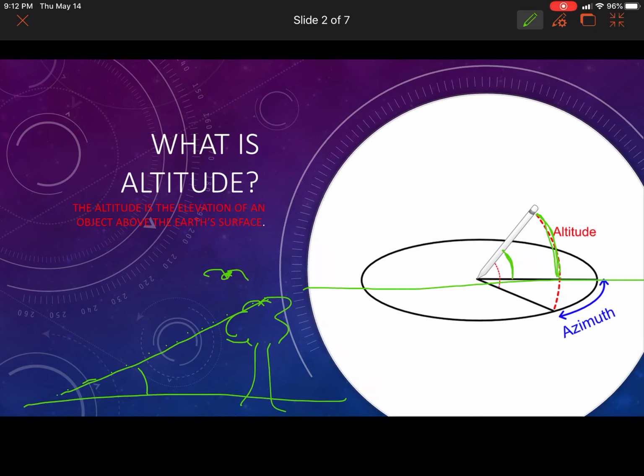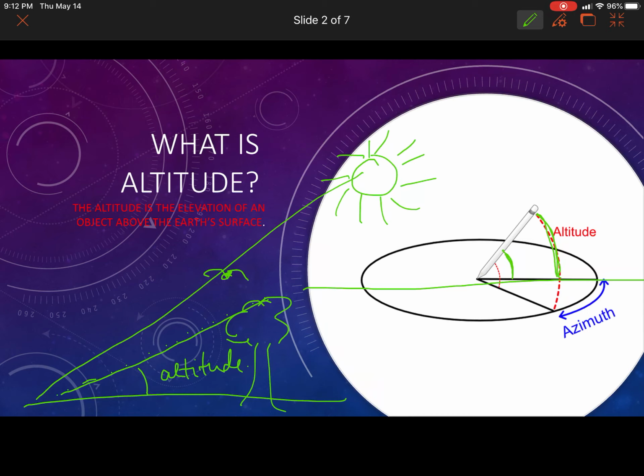But now we're actually going to be calculating the angle here. So this is the altitude, how high something is above the Earth's surface. Now we can extend this, of course, to the sun, our nice green sun here, and that will also have a certain altitude associated with it.